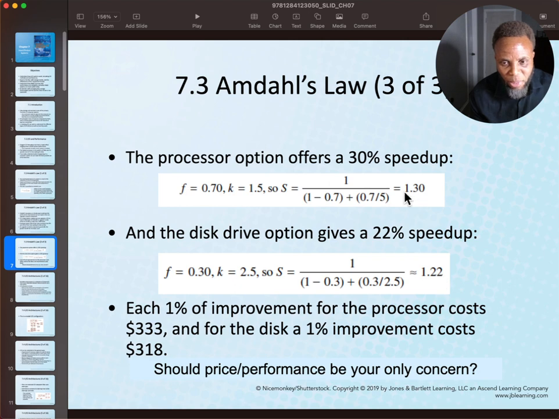So based on this, which one would you decide to spend your money on? Would you spend your money upgrading the CPU, or upgrading your disk? I'll leave you folks to decide this. Read Amdahl's law, see what it recommends, and then use this example to determine which of these components you would rather upgrade.